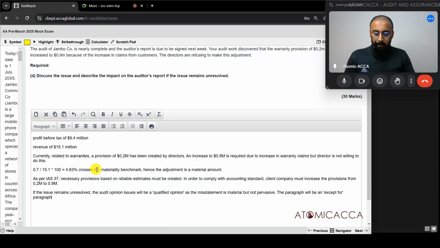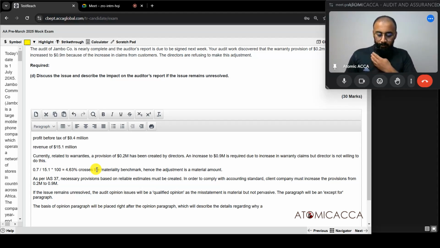Now, the basis of opinion paragraph will be placed right after the opinion paragraph, which will describe the details regarding why a qualified opinion was issued, briefly explaining the matter about not increasing the provision amount related to warranties.